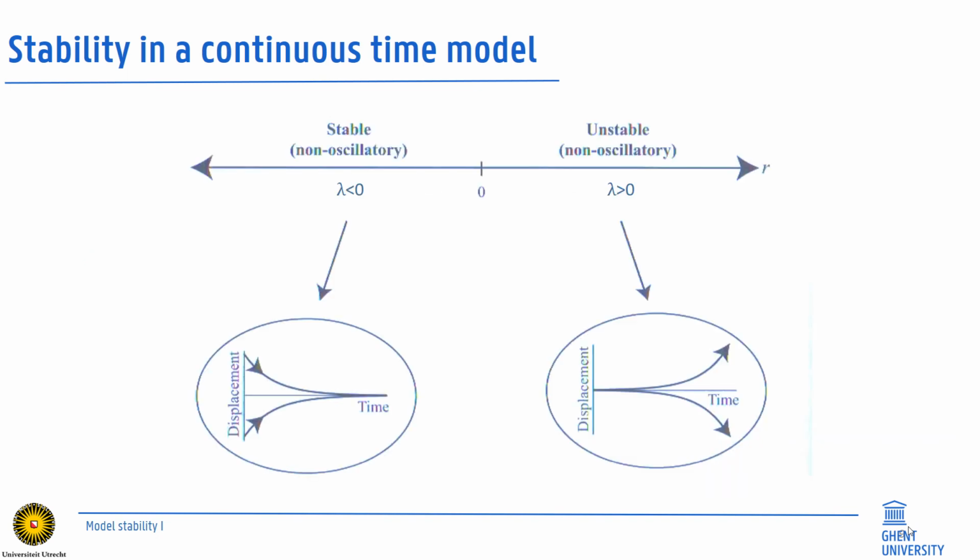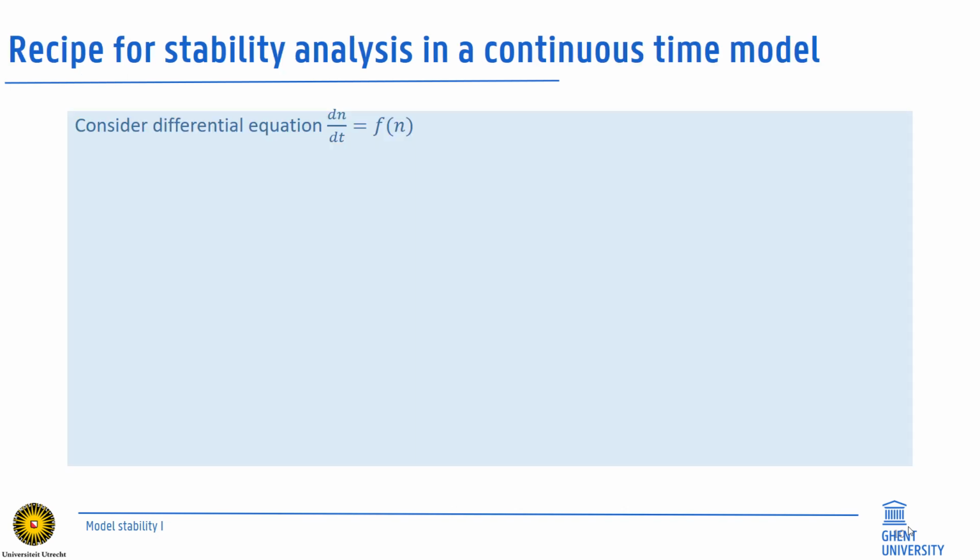The perturbation will thus increase when lambda is larger than 0 and shrink when smaller than 0. Negative values for lambda, thus the partial derivative, will represent stable equilibria, positive values unstable ones. We thus have a recipe to analyze the stability of an equilibrium in a continuous time model.